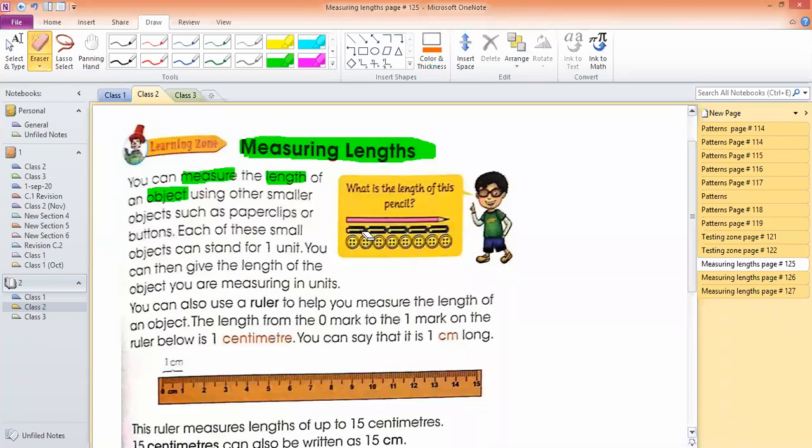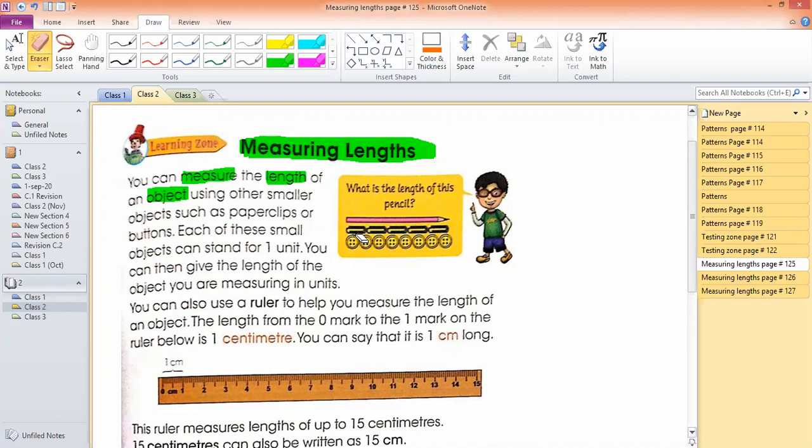One paper clip I will consider as 1 unit. So this pencil is 1, 2, 3, 4, 5 paper clips long. If I find the length of this pencil with the help of paper clips, I can say that it is 5 paper clips long.